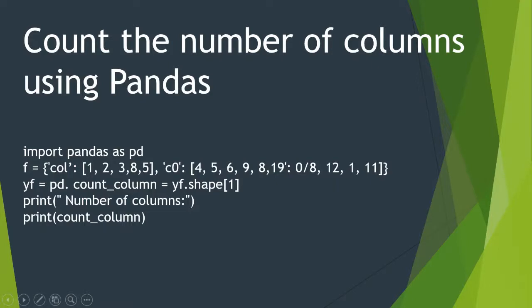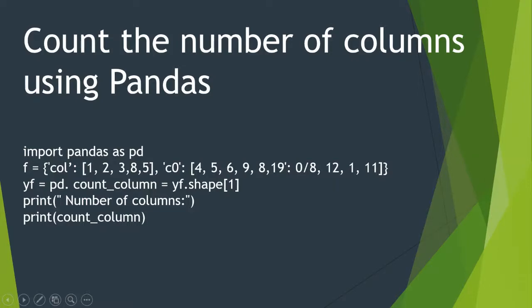Because we have to count the columns, we give 1 in the brackets, df.shape, the variable with the predefined shape function, and then we print the number of columns.